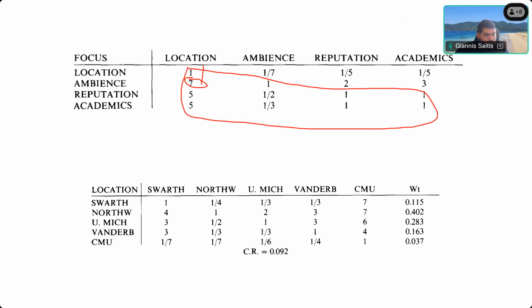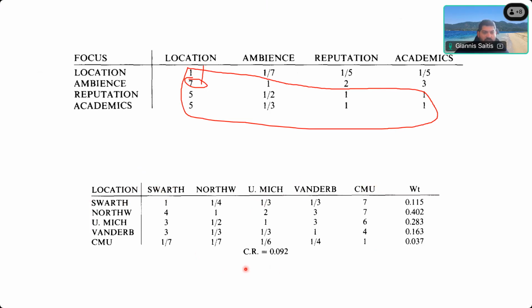So below we have also the comparison between the different locations, between them, the Swarthmore, Northwestern, etc. So all of these are getting other values.